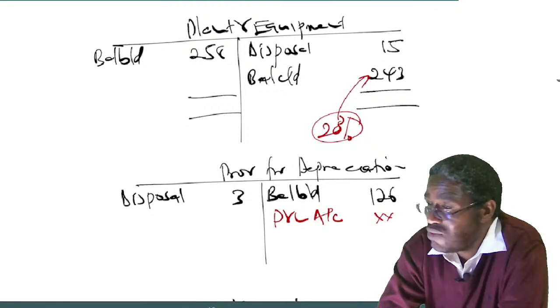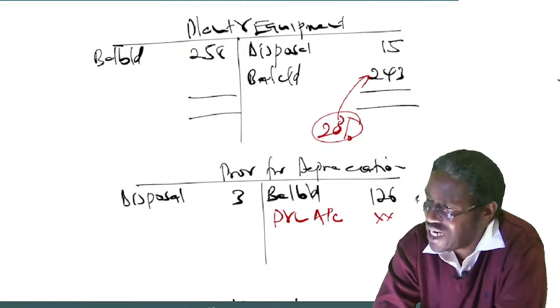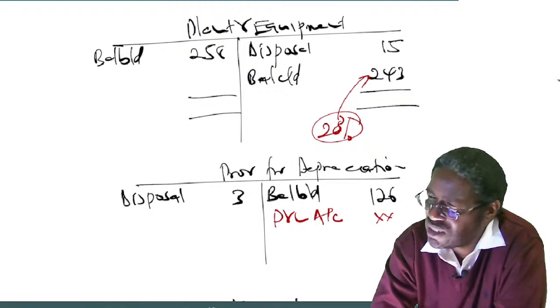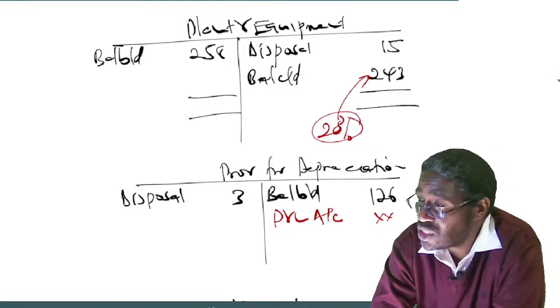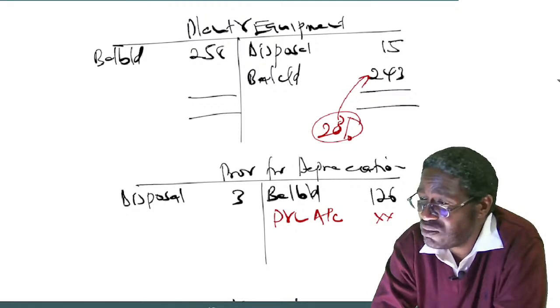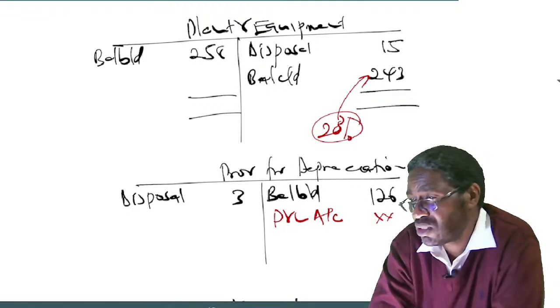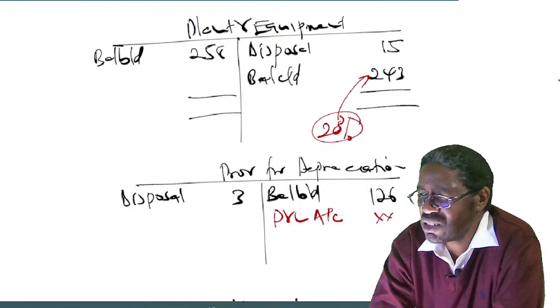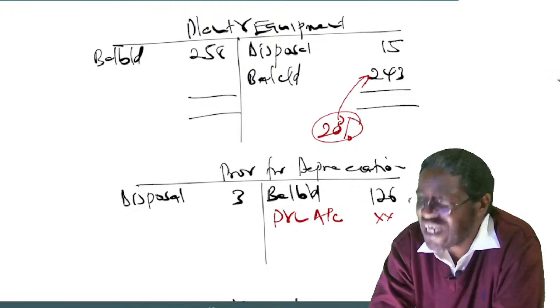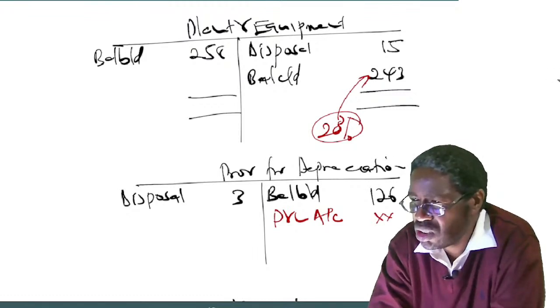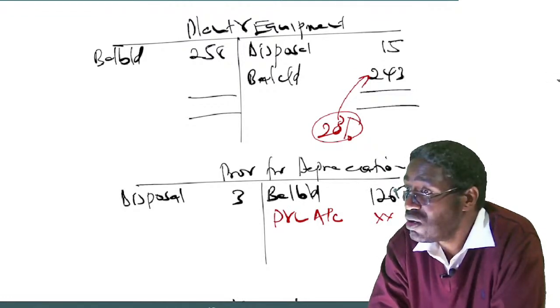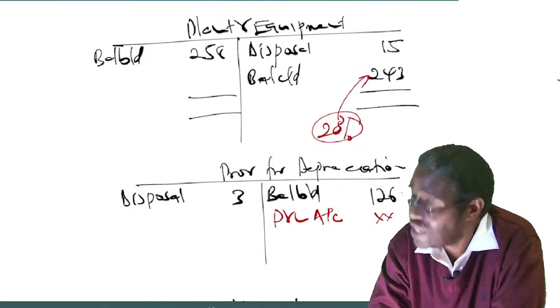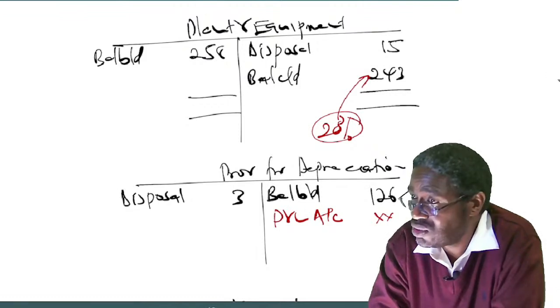But for this question, I cannot take 20% of 243. Why? Because the question says 20% per annum reducing balance. Reducing balance means you take a percentage on the book value, not on the cost, on the book value.